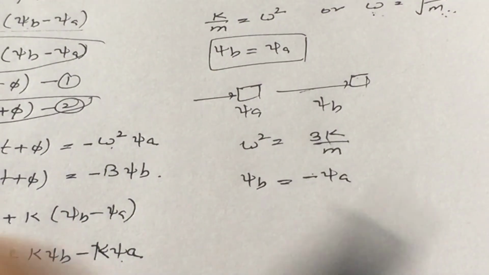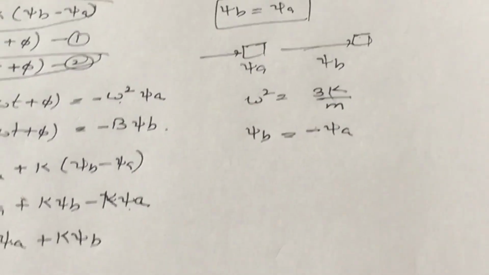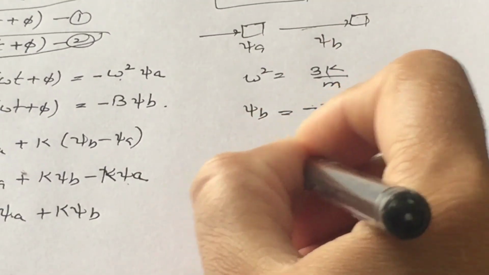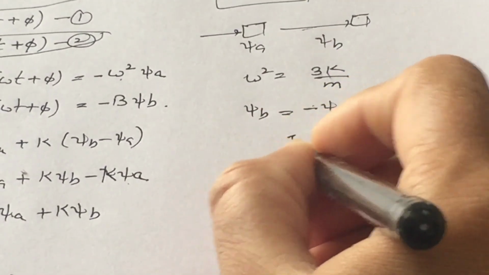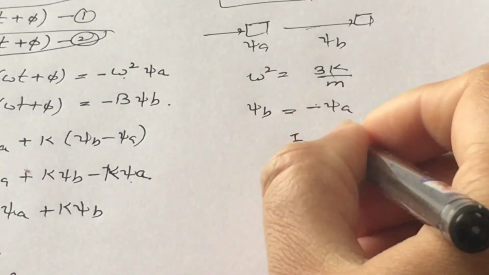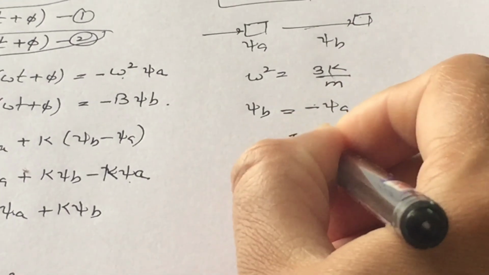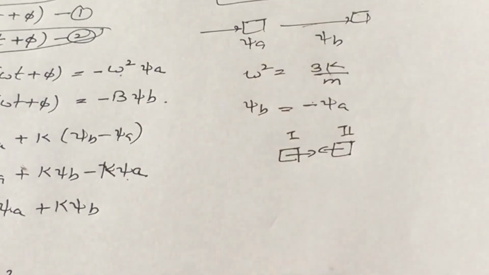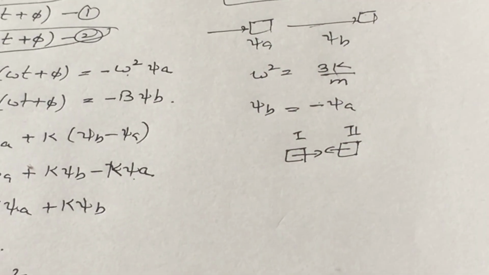This time the masses are moving in opposite directions. It means if the first mass is moving in the right direction, at this time the second mass is moving in the left direction, they are showing compression.